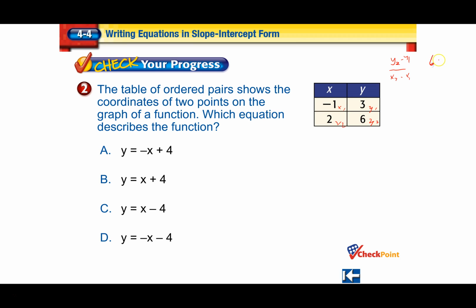So 6 minus a positive 3, rise over run. And then x2 would be 2 minus a -1. Those come out to 3 and 1. That's interesting. So 3 over 1 would be my slope.